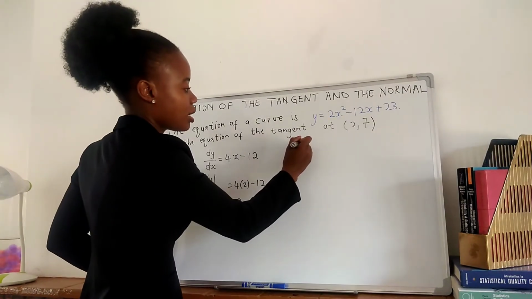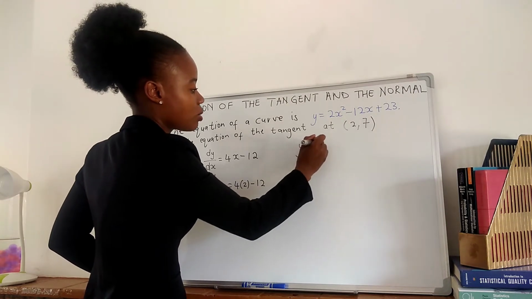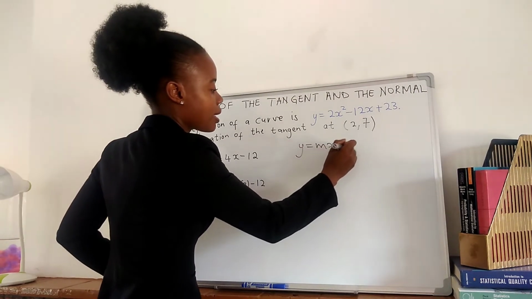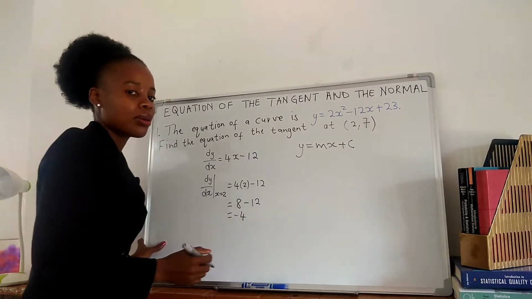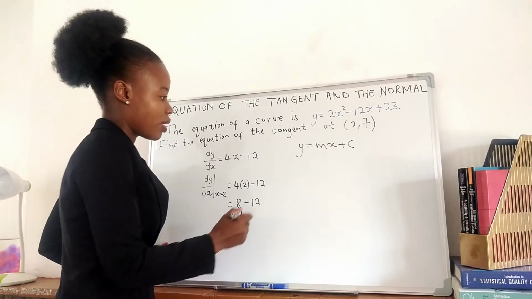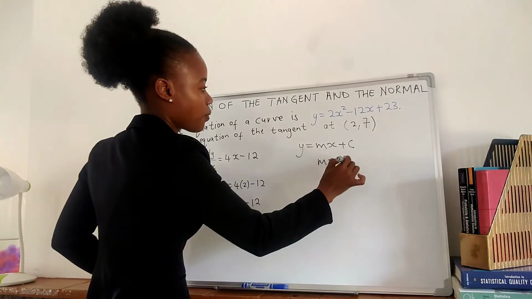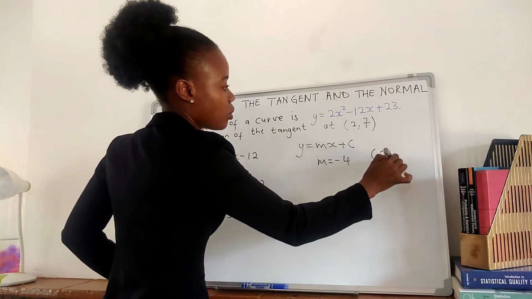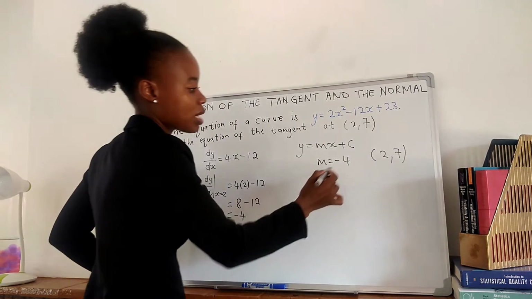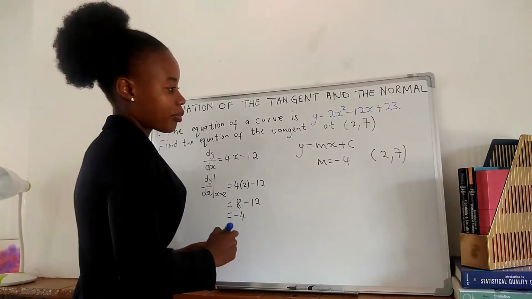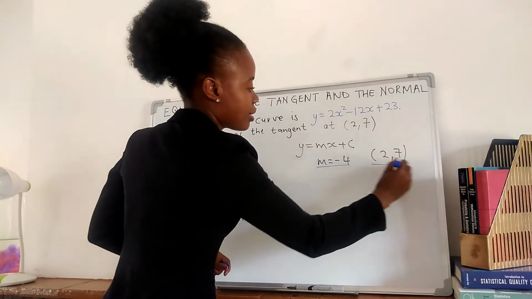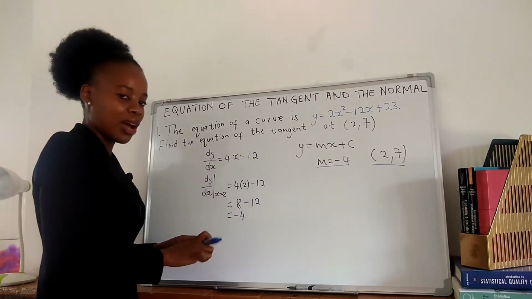We know that the equation of a straight line is y equals mx plus c. We have our m, which is negative 4, and our coordinate, which is (2, 7). So we're going to substitute this and this here to find our c.